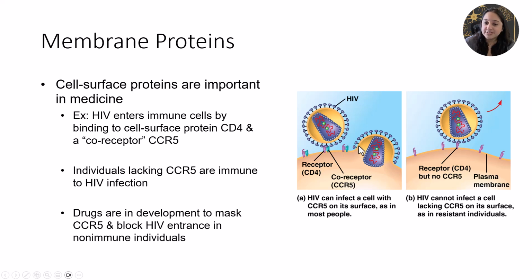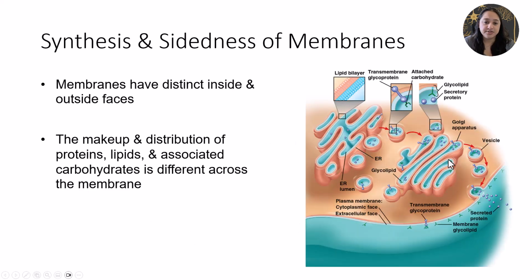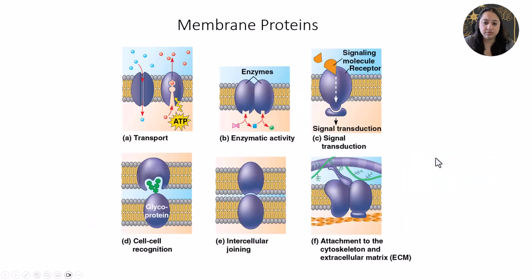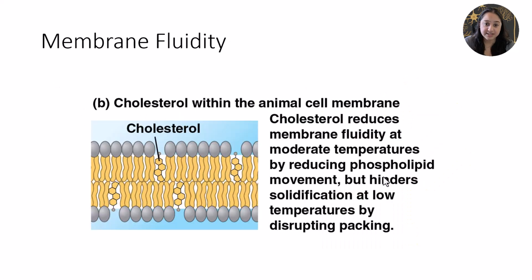So again, it pays to learn about all these concepts. It does all apply, even if you don't think it does. Cells, as I mentioned, can recognize each other by binding to molecules on the surface of the membrane. Many of the surface molecules are bonded to short branched chains of carbohydrates. Back to this picture.